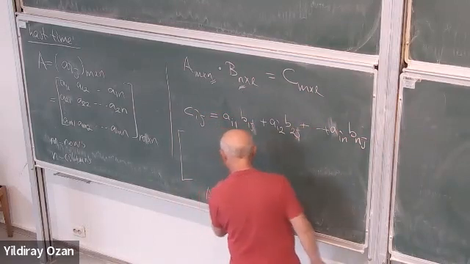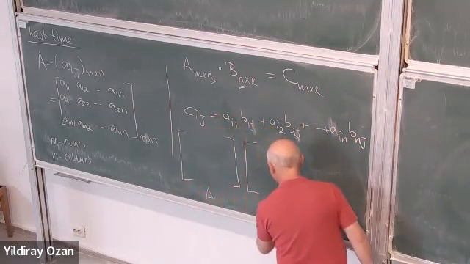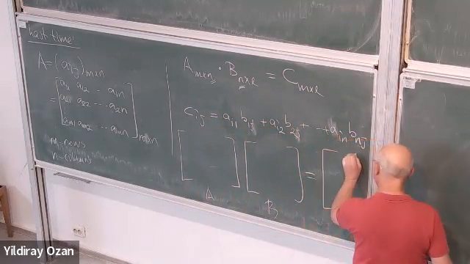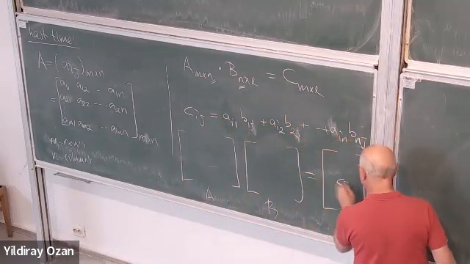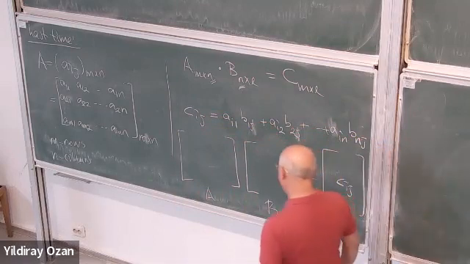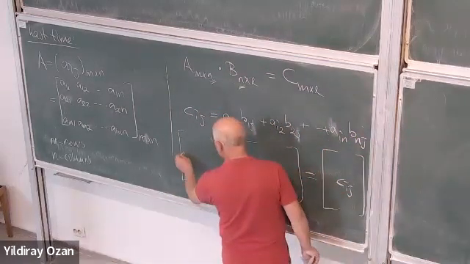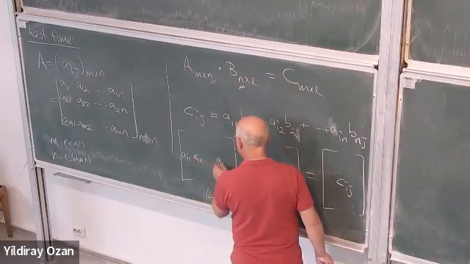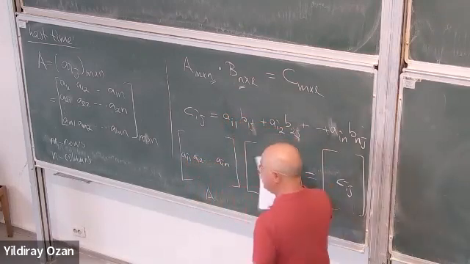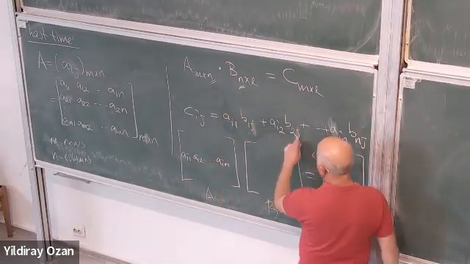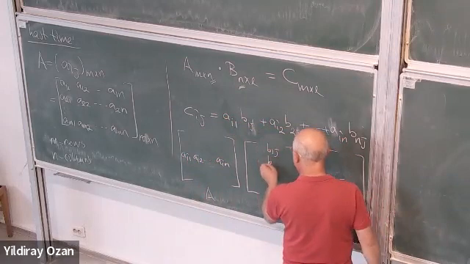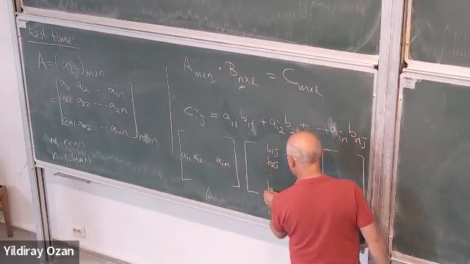If this is the matrix A, this is the matrix B, and here I have Cij. Here I take the ith row Ai1, Ai2, up to Ain, and here I take the jth column B1j, B2j, up to Bnj.